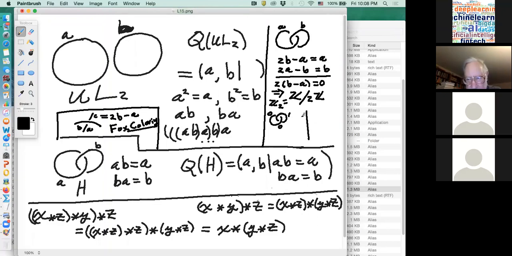And the multiplication table for our quandle is 0, 1, 0, 1. 2 times 0 minus 0 is 0. 2 times 1 minus 0 is also 0. 2 times 0 minus 1 is 1, and 2 times 1 minus 1 is 1.